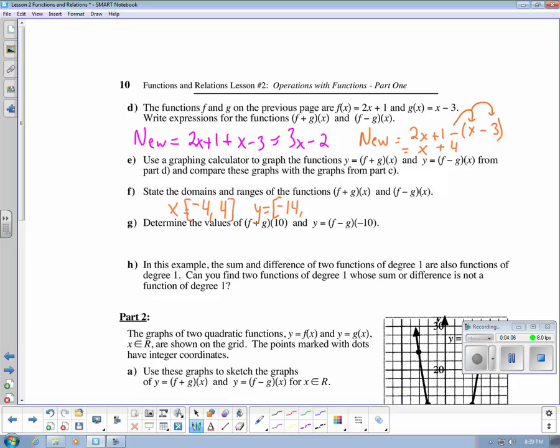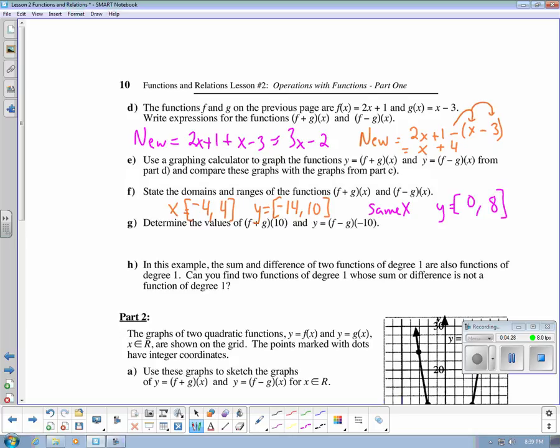That means we can include the values of the endpoints. And then the domain and range of f minus g at x: same domain, so same x, but we're looking at the y values being slightly different. The y values run from 0 to 8.